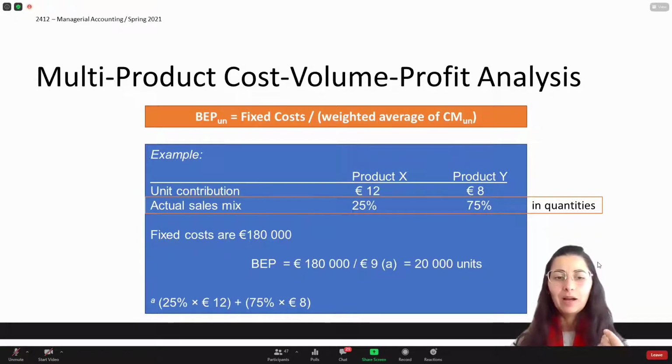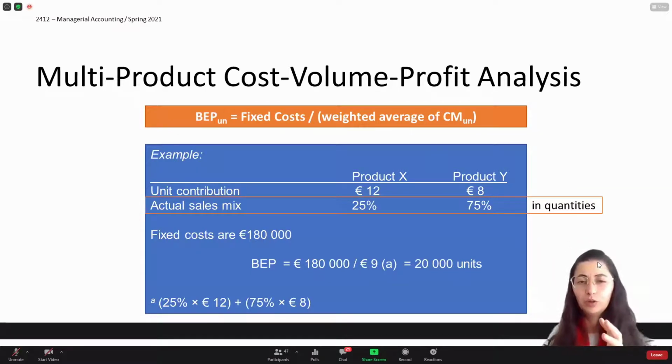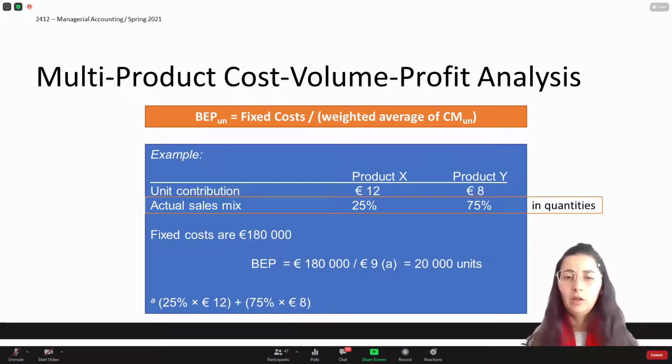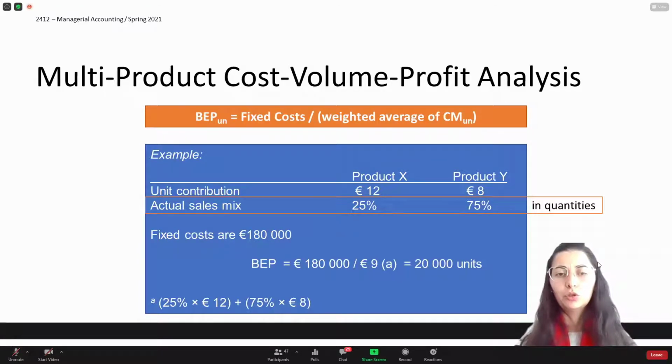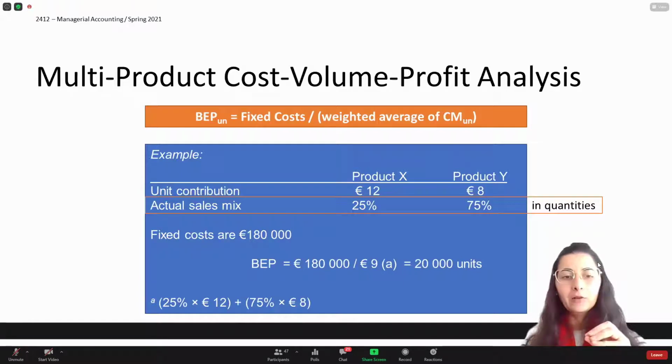What is this weighted average contribution margin per unit? We will see what is the sales mix that we have in terms of products. For instance, in this example, we have product X and product Y. We have the unit contribution of each product in euros, the contribution margin per unit of each one, and we have the actual sales mix in quantities.